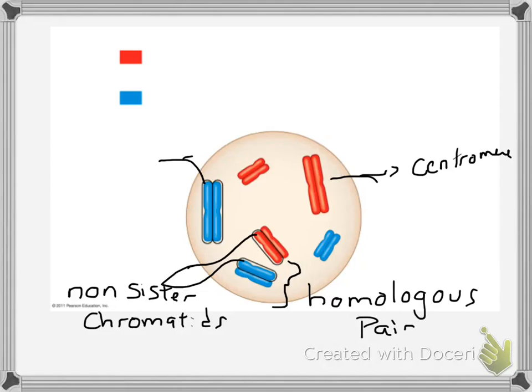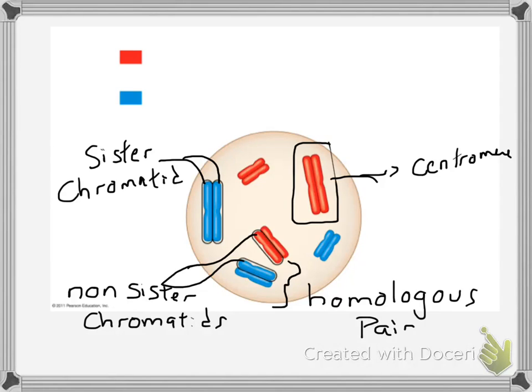If we look at these two here, these are sister chromatids. And this structure containing 2 chromatids is a single chromosome.